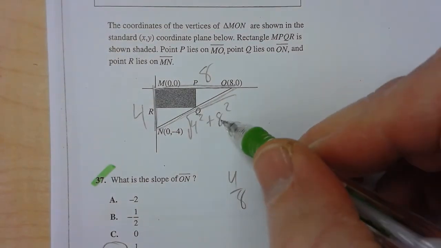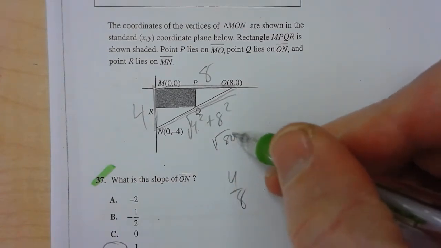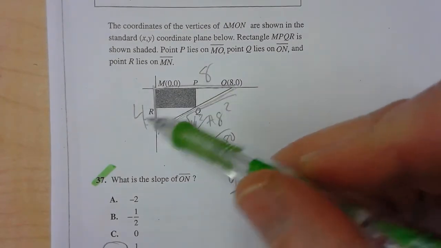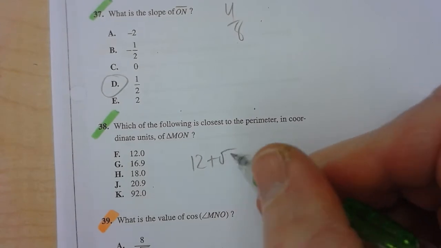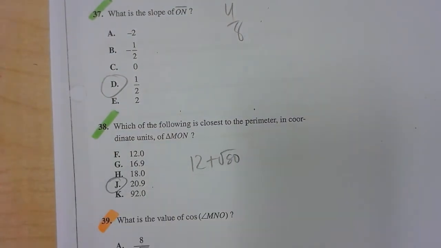That's 64, that's 16, so it's the square root of 80 is this missing side. So this side here is this plus this is 12 plus the square root of 80. So you type that in the calculator and you get 20.9. And that's the first 5 questions.